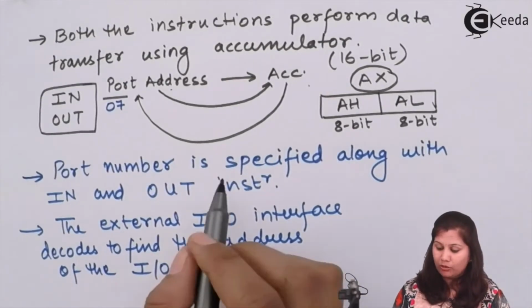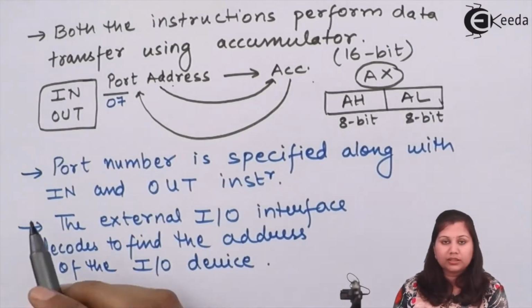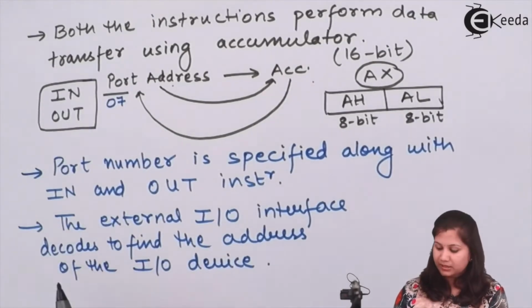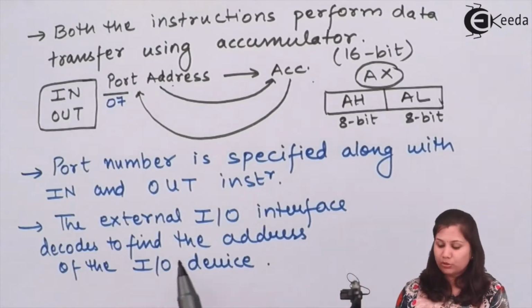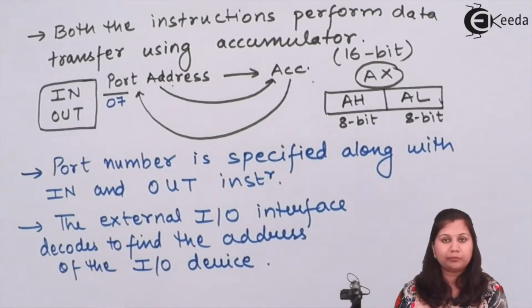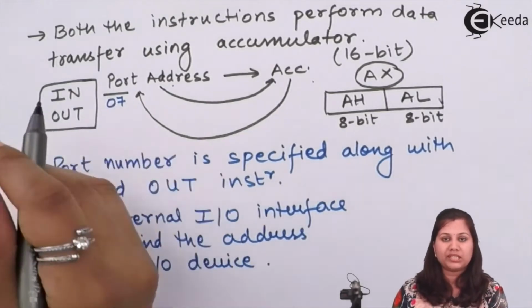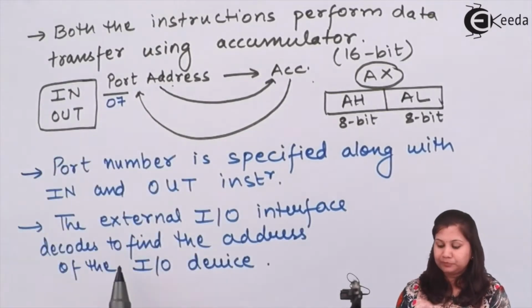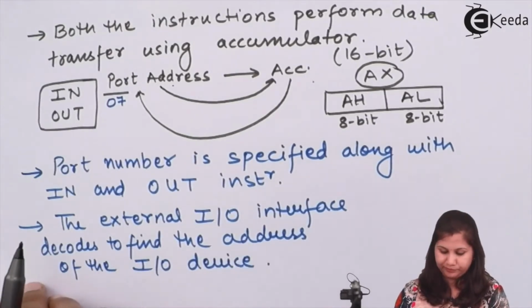Okay. Now the address will be decoded. There is an external input output interface unit which decodes the address of the input output device. So here we have only the port number. The address will be decoded by the external input output interface.